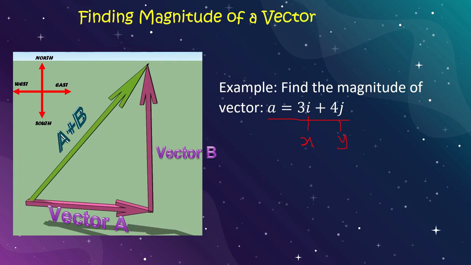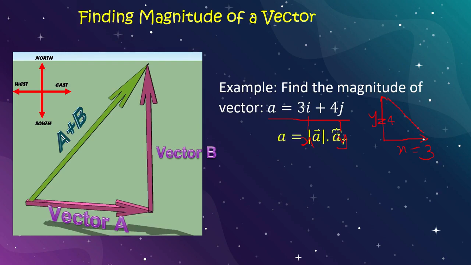So, A is moving in x direction 3 places, say this is 3, and moving in y direction 4 places, say this is 4, and the resultant will be the hypotenuse.